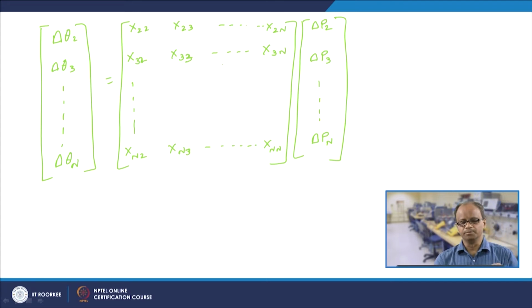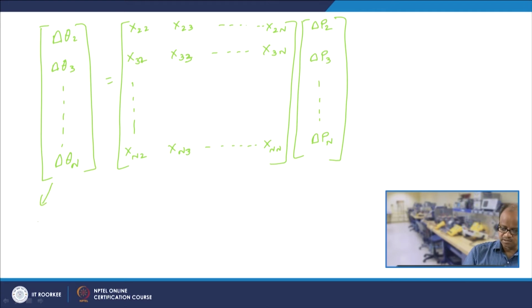These x's are elements. Here x22 is actually occupying the place 1 1, x23 is occupying the place 1 2, x33 is occupying the place 2 2. Similarly, xnn is occupying the place n minus 1, n minus 1.